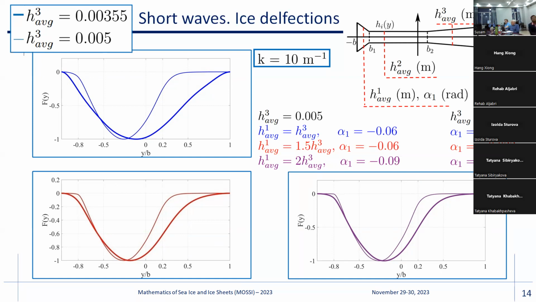and on the left and right segments where ice becomes thicker, we can see that there is a large decrease in amplitudes of waves.